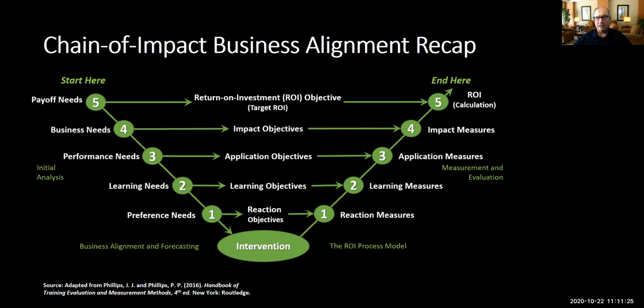For instance, it could be employee turnover: avoid costs associated with employee turnover, something along those lines. And then moving across, we come to the objective, just set a target ROI here, a percentage, 15%, 25%. 25% is most common, 0% would be break even. You make the call, and you won't be wrong, whatever that call is, 0, 15, 25.